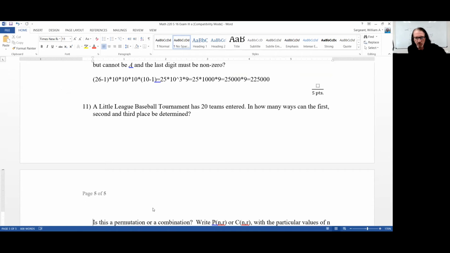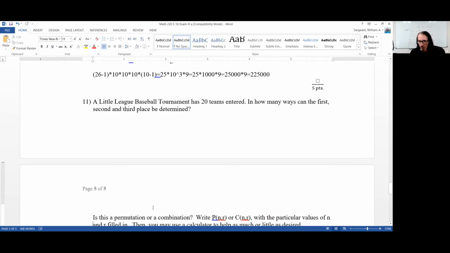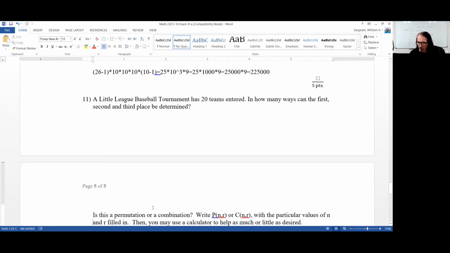It is a permutation. I know that because there is an order to this: first, second, and third. They're not just saying how many ways could we have a top 3 out of the 20. We specifically want to know first, second, and third place. Furthermore, there is no repetition. No team is going to be both in first and third place.